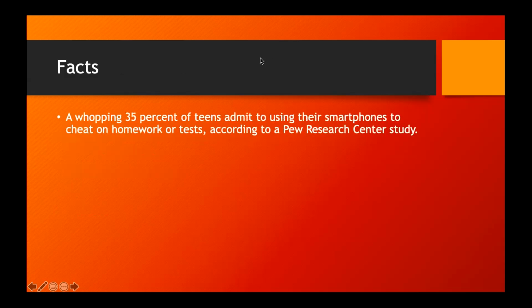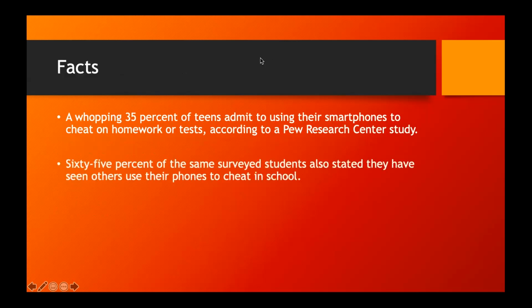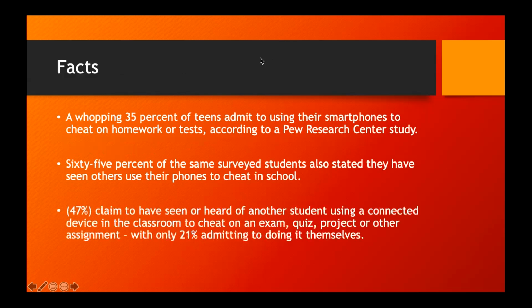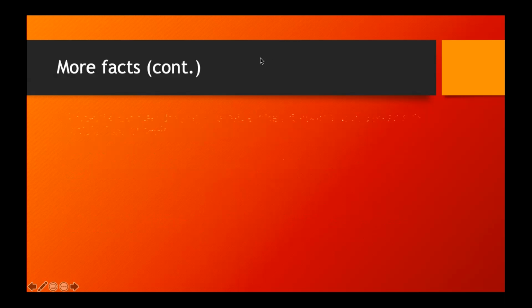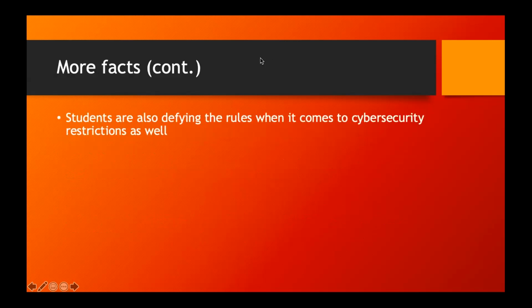35% of teenagers admit that they cheat on their homework and tests. 65% of them stated that they've seen others cheat, 40% claim that they've seen other people cheat using technology, and 21% admit that they actually did it at some point. A lot of students are defying rules when it comes to cybersecurity restrictions.